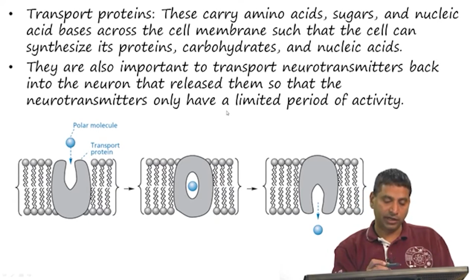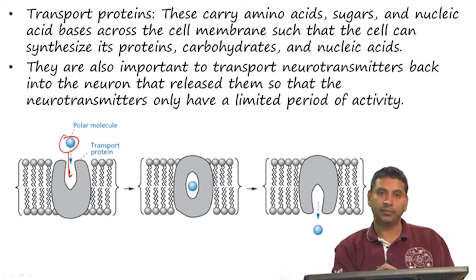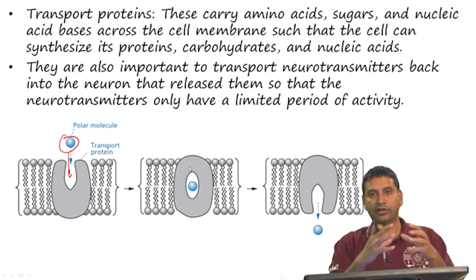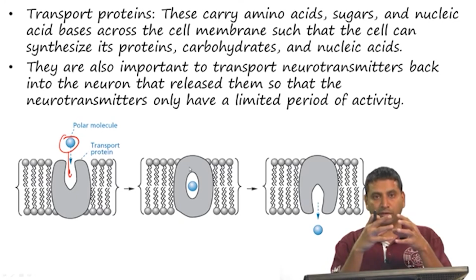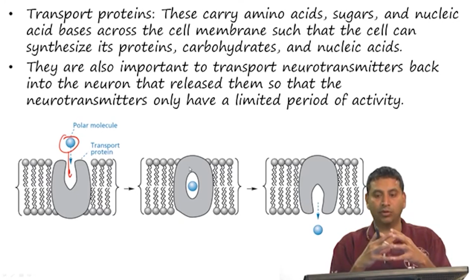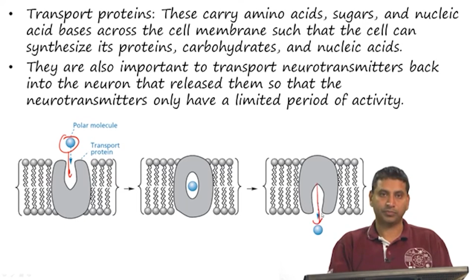The way in which we understand these transport proteins is that when there is a polar charged molecule, it goes and binds itself to the transport protein surface, and then the protein acts as if it is a carrier. It wraps itself around the polar molecule, and then through a process of diffusion, the molecule can get out.